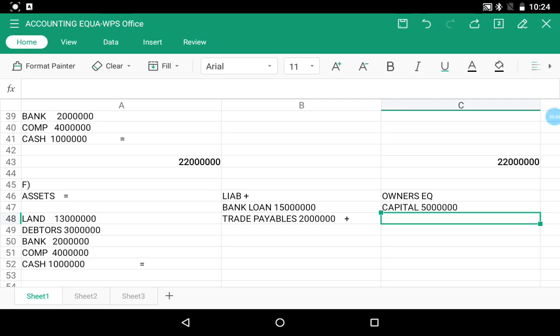But remember, our inventory was 2 million. So it means it has some profit, not a loss, because debtors are more than inventory. So we are going to get our profit.